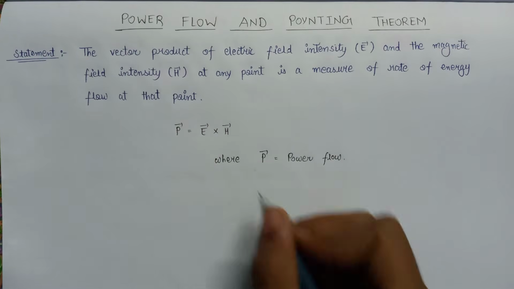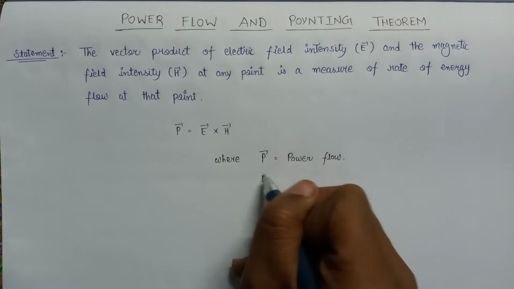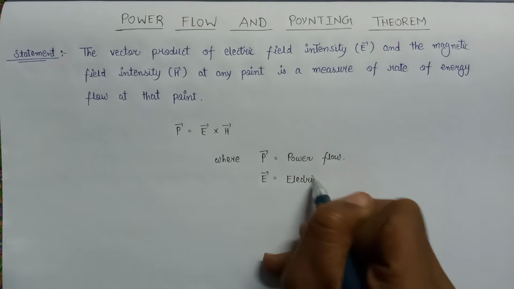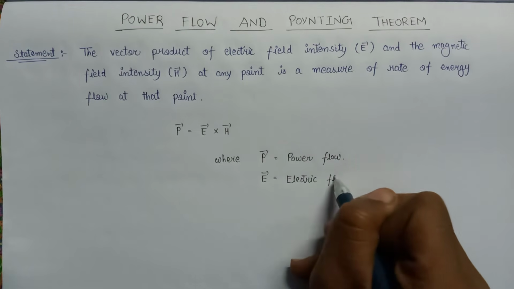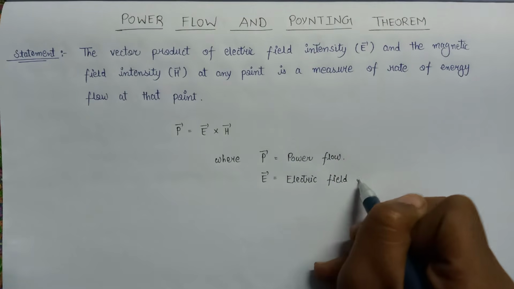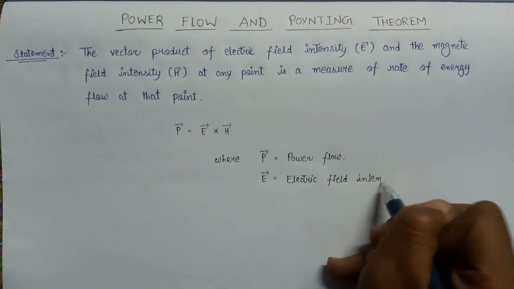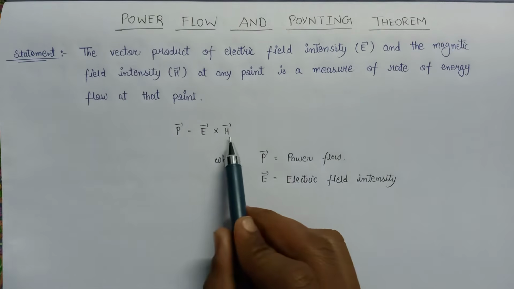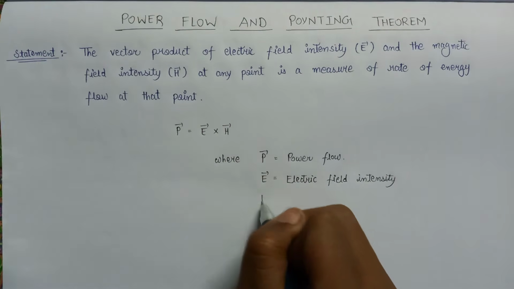And this E vector is the electric field intensity, and this H vector is nothing but the magnetic field intensity.